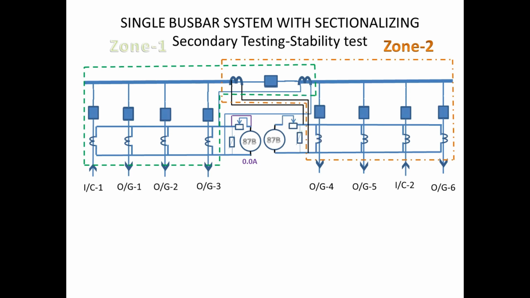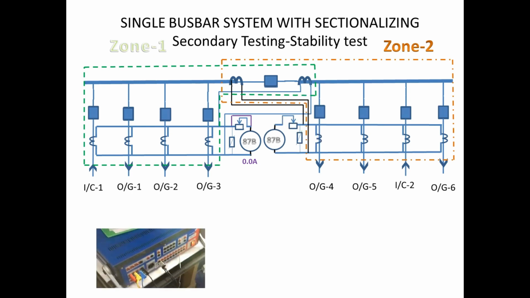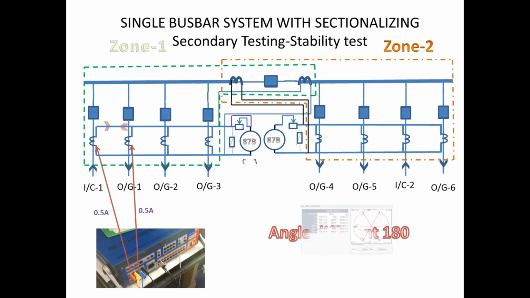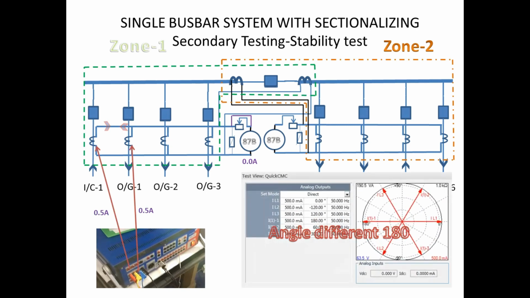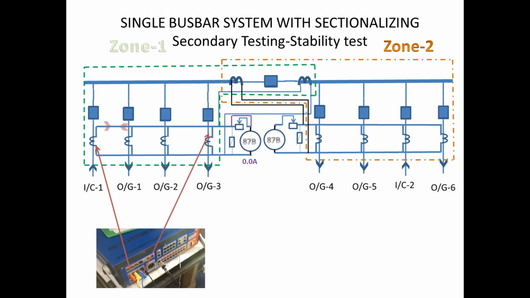From the kit I have taken two sets of CT, one to the incomer panel, the other to the outgoing panel. Now I inject 0.5 amps on both panels, but the angle I make a 180-degree phase shift. Since the relay setting is 50 percent, that is it will operate at 0.5 amps, but there is no differential current flow to the relay, so the relay will not give trip.